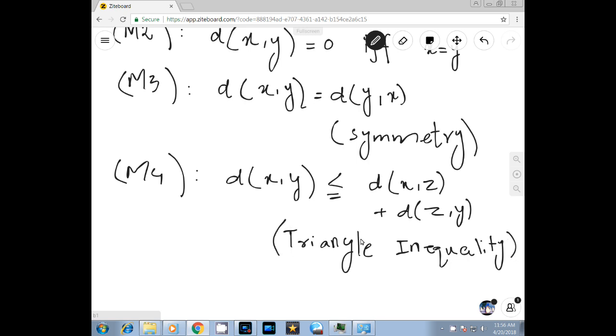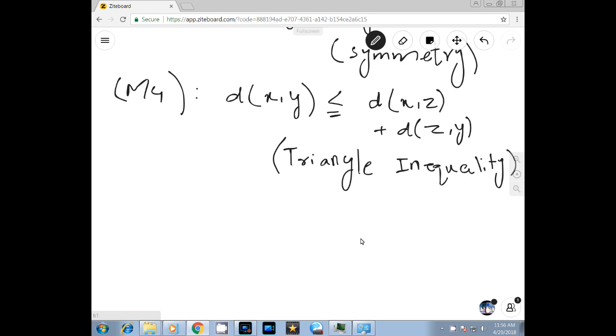To understand this inequality, draw a triangle with the points. This point is x, this point is y, and the last point is z. Form a triangle with the vertices x, y, and z.